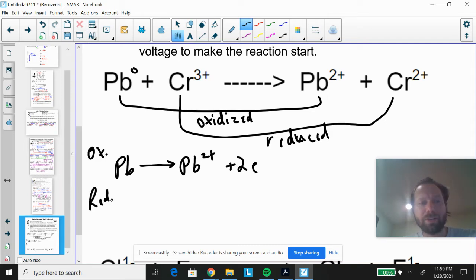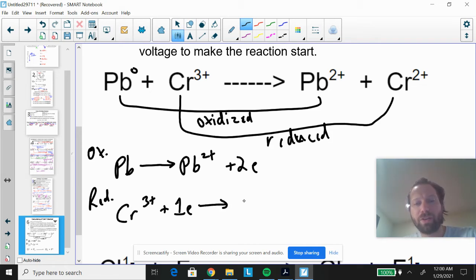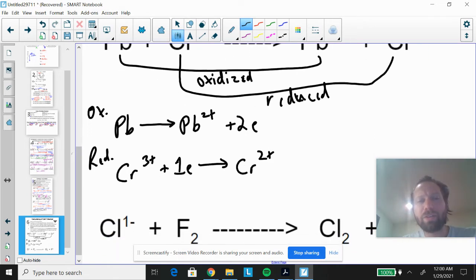And the reduction half reaction is going to be Cr3+ plus 1e- yields Cr2+. Now, we already know that in this case, we're going to have to multiply this reaction by 2. But there's a note up here. You do not change anything having to do with the reduction potential.